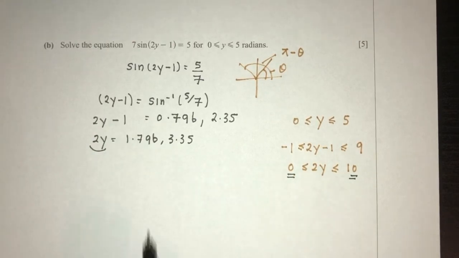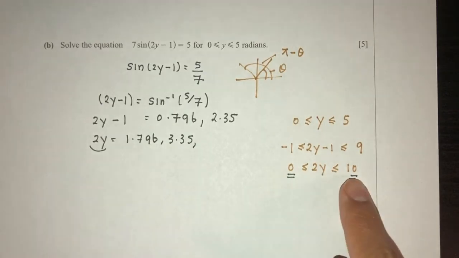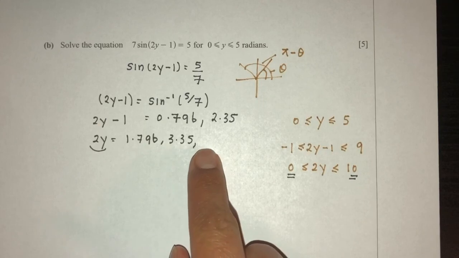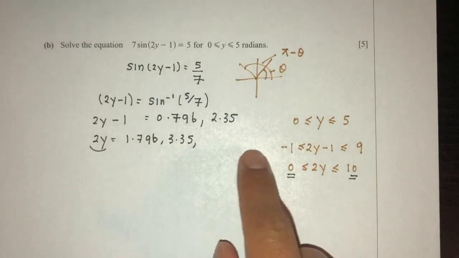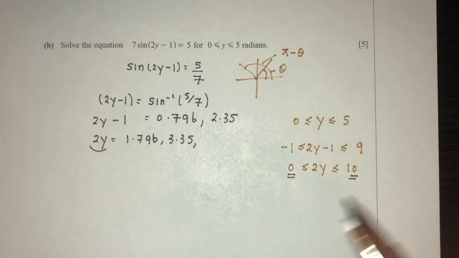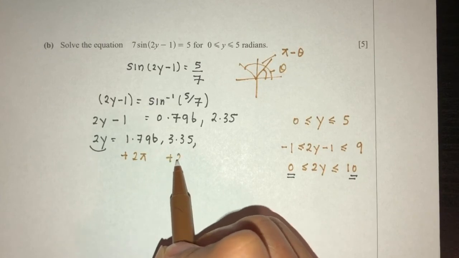But here we have some range left, because the max value is 10, but here it is only 3.35. So it is possible that we can have other values for 2y. We can test, by which I mean we can try to add 2 pi to each of them to see what happens.